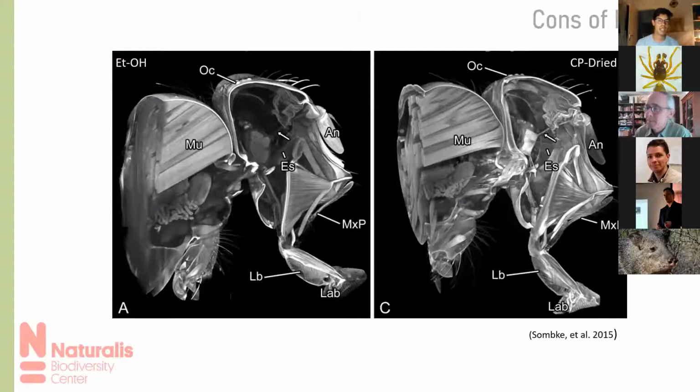The only problem with this protocol is that it requires the specimens to be critical point dried to achieve the maximum resolution and the best contrast of the tissues. And this induces tissue shrinking, and in many cases, deformation of the internal organs.